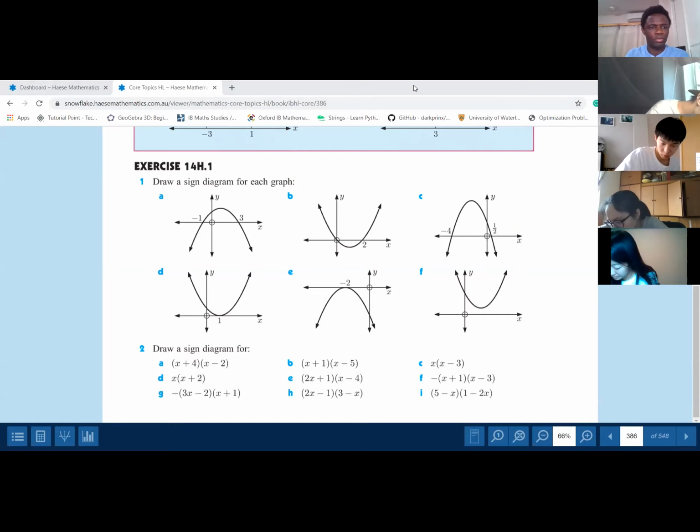Can you still see the book? Can you still see the book on the screen? Yes. Okay.